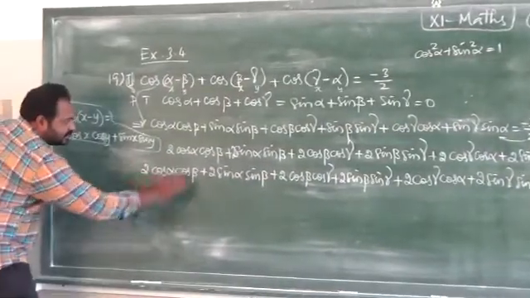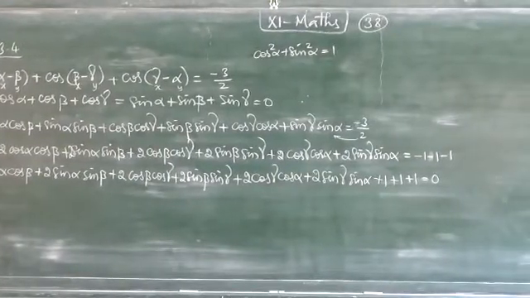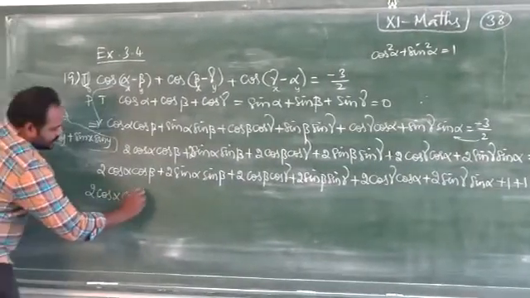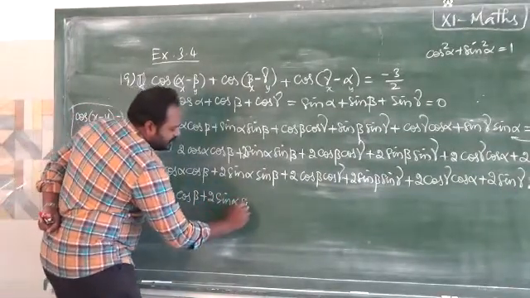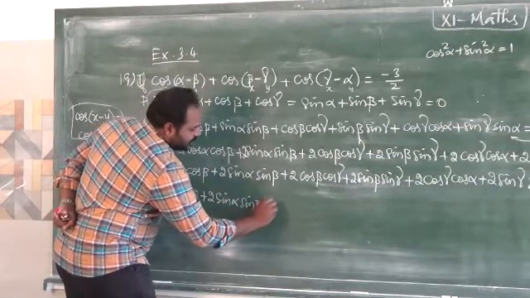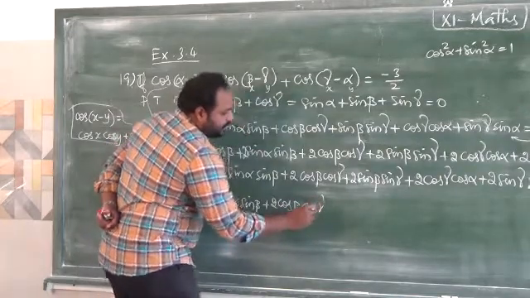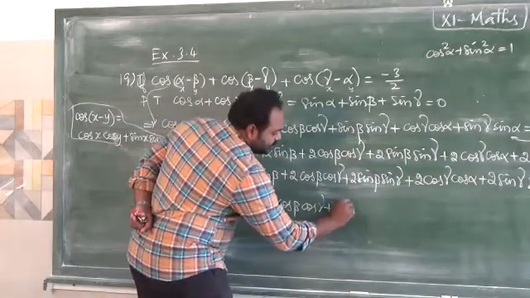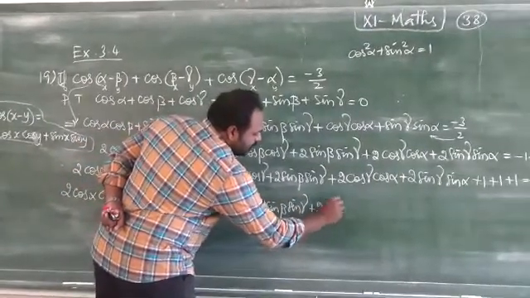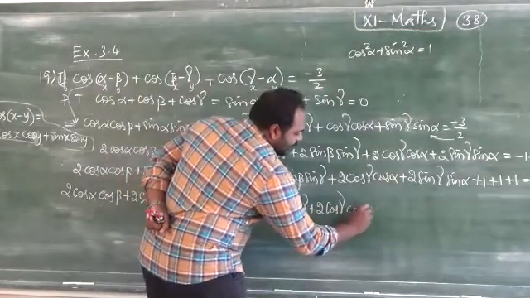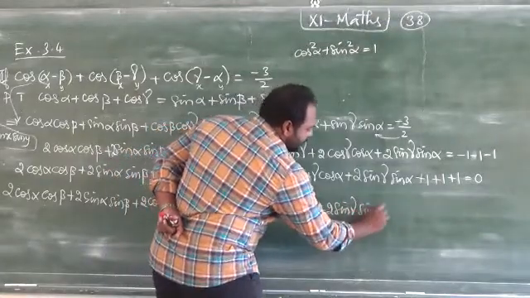Once again you write all these six terms as they are: 2 cos alpha cos beta plus 2 sin alpha sin beta plus 2 cos beta cos gamma plus 2 sin beta sin gamma plus 2 cos gamma cos alpha plus 2 sin gamma sin alpha.